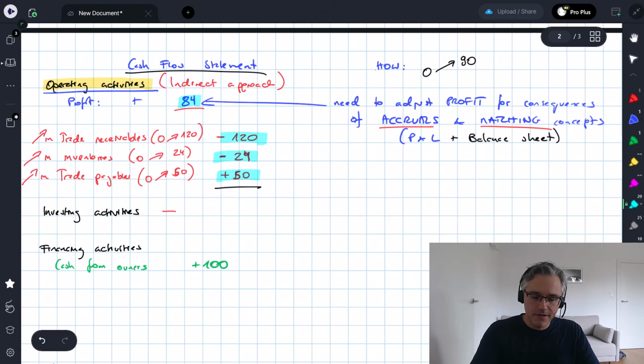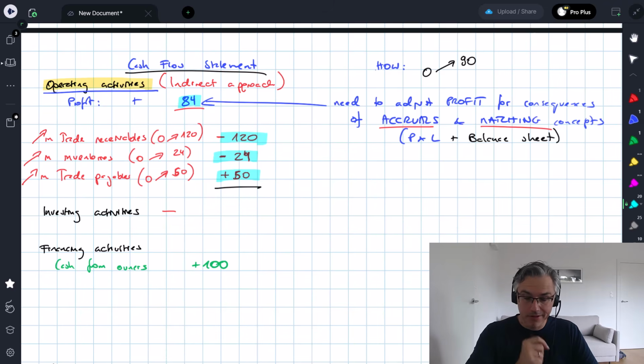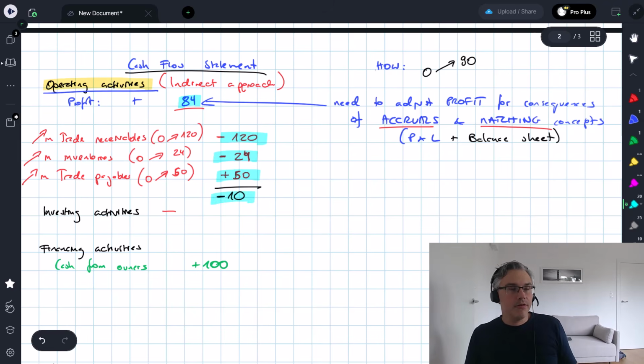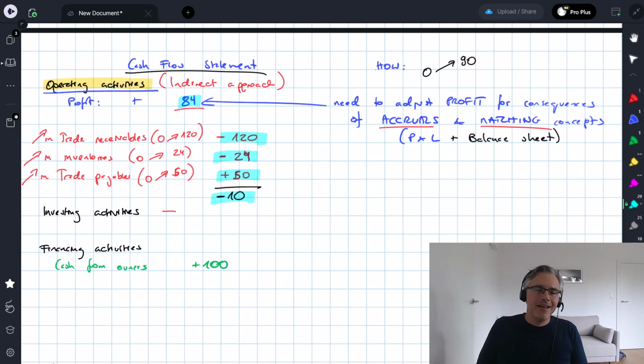I've got 84 positive, minus 120, and I hope you are checking me here and doing this with me as well, minus 24, but plus 50, I end up seeing on my calculator minus 10, which is pretty much what we said before. We knew that our operating activities generated a net outflow of 10,000 because we spent 30,000 of cash to buy supplies and we only received 20,000 from customers.